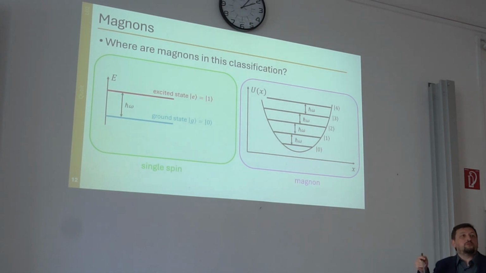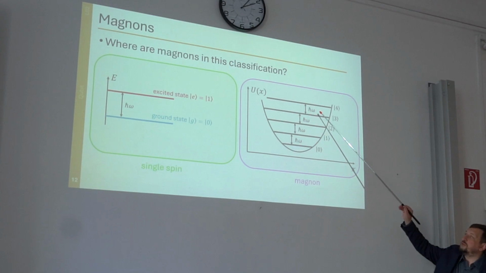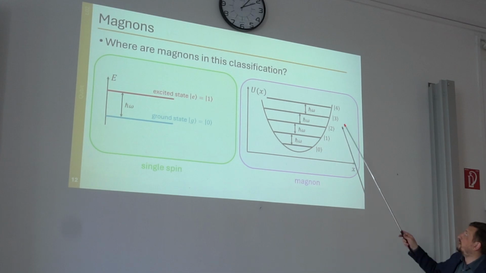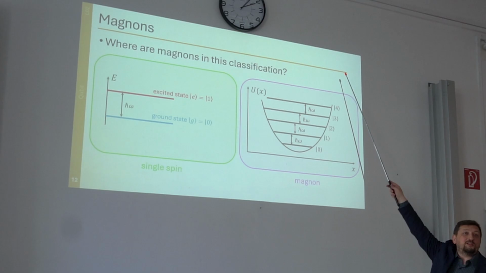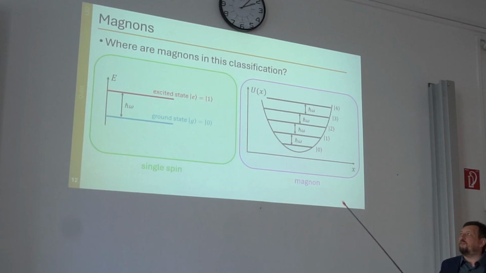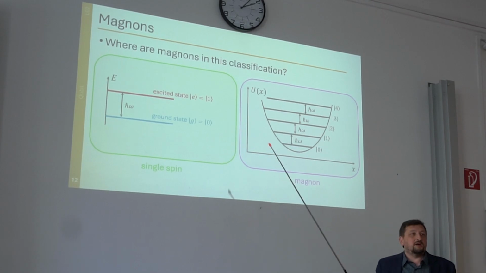But we can flip two spins, one here, one there. We will go to this and to that. Magnons are not exactly bosons because we have a finite number of spins, 10 to the 18. So we have only about 10 to the power of 18 energy levels, and that's all. But this number is so huge that we really never reach it. So magnons sit here, individual spins sit here.